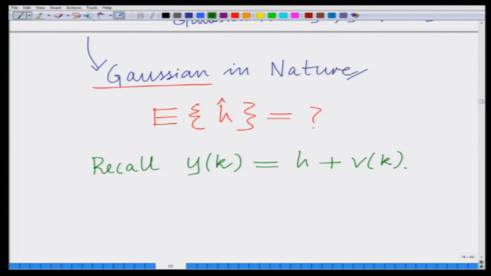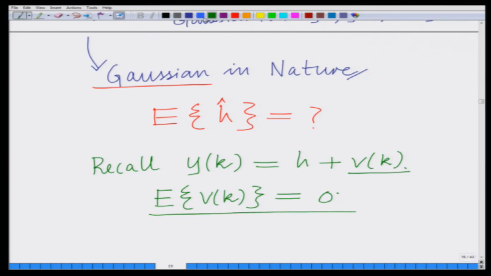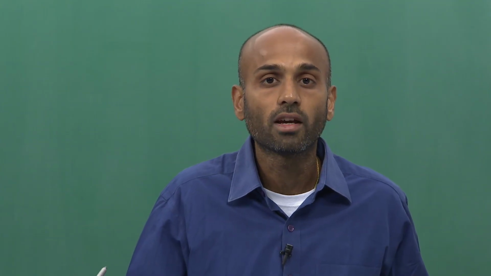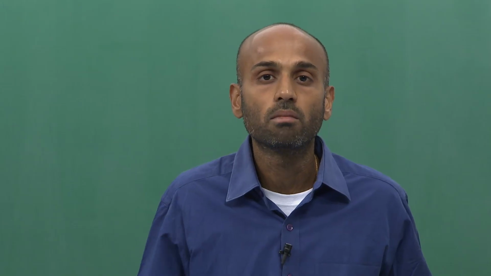And further, remember, we assumed the noise to be zero mean, that is, for each Vk we have expected value of Vk is 0. This is because the noise is zero mean. So, we are going to use this property. Remember, in each noisy observation yk, the noise Vk has mean 0.